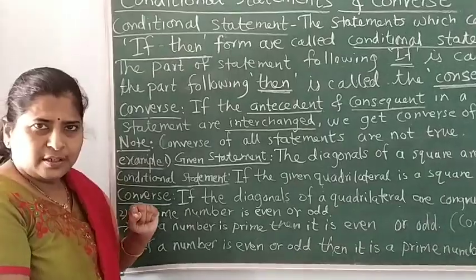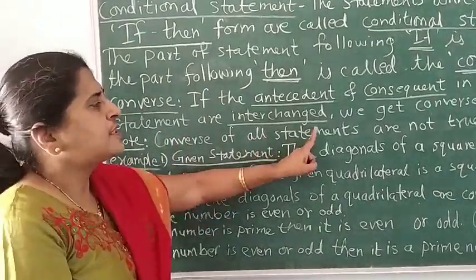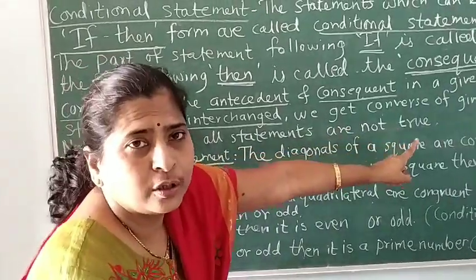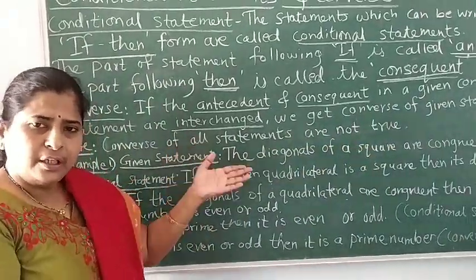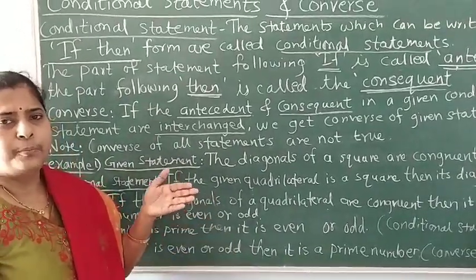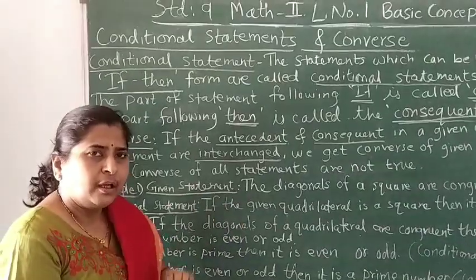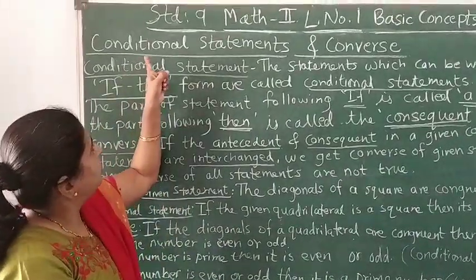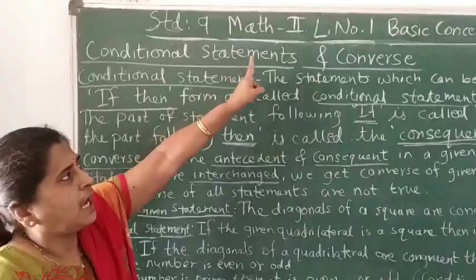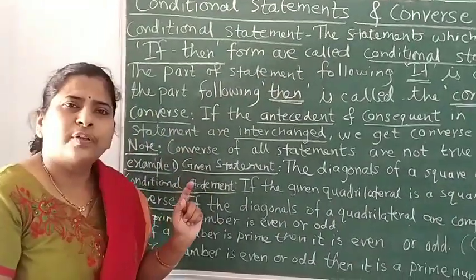But my dear students, here I want you to know that the converse of all statements is not true. We write the converse, but sometimes it may be true, sometimes it may be false also. We are just going to write how to write the given statement as a conditional statement and its converse. Okay, let's take the first example.